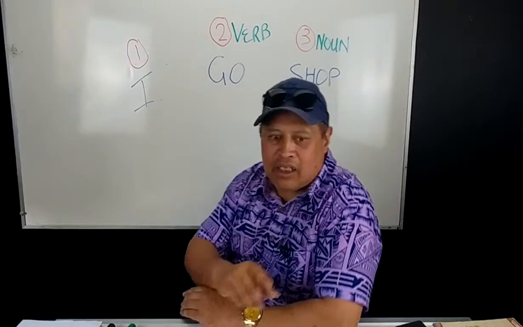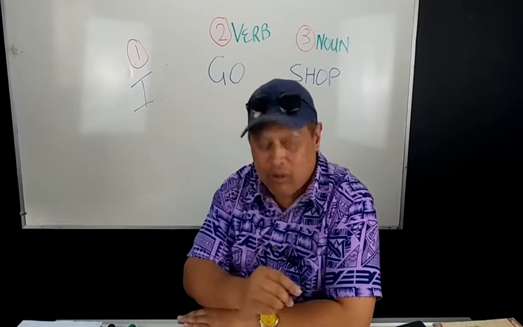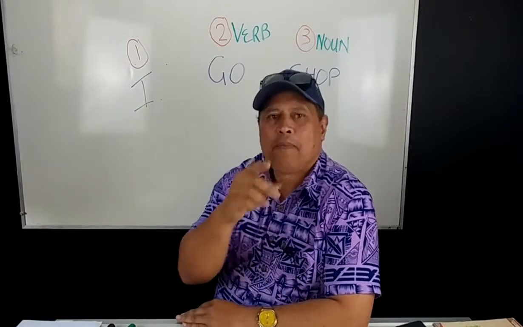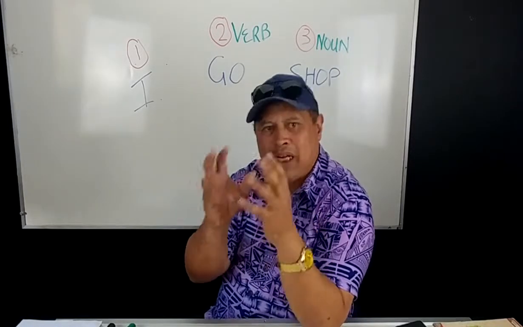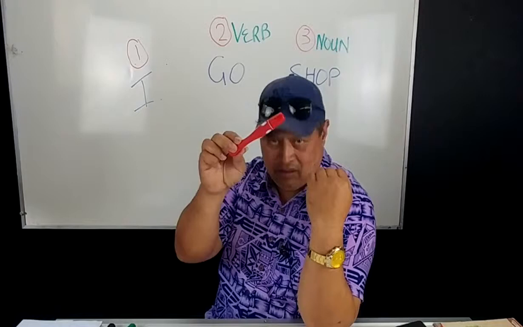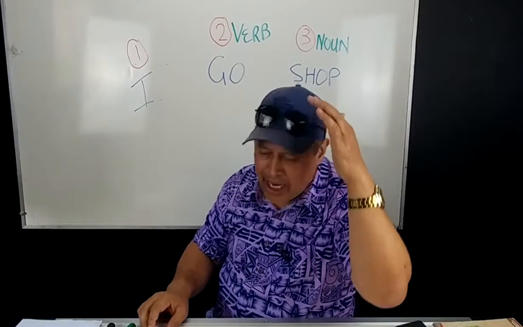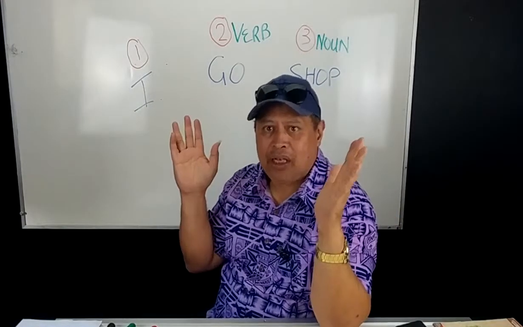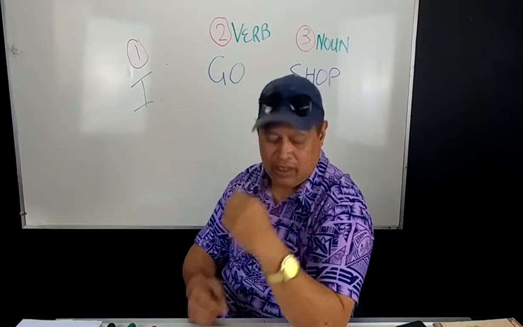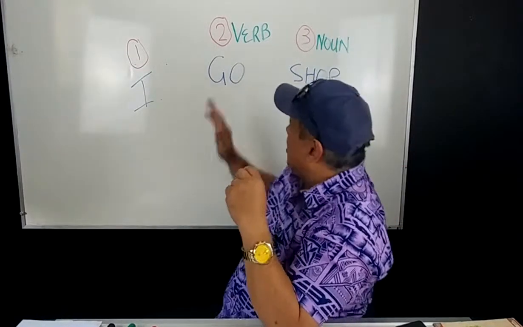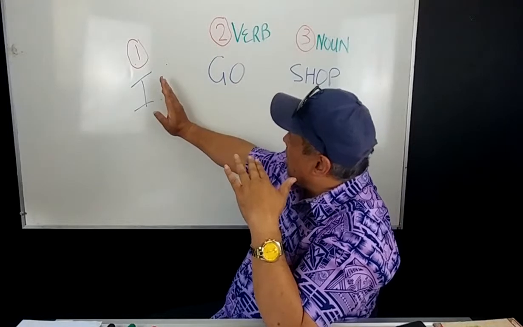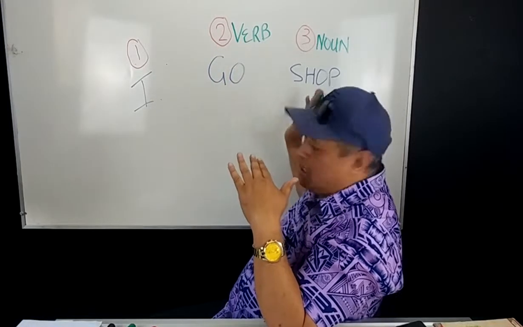Nouns, as you may recall, are places and objects, like pen, hat, house, watch, shirt, etc. So you always have I, verb, noun.